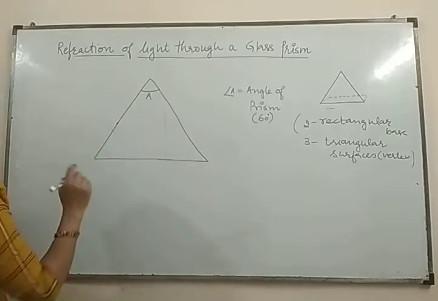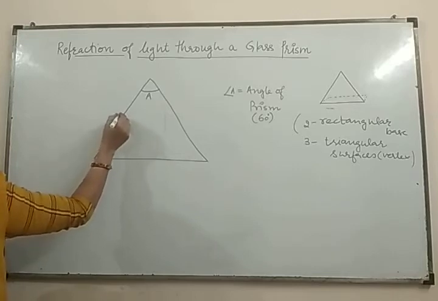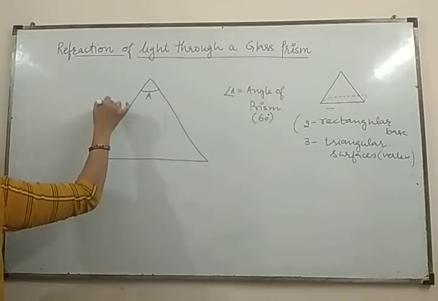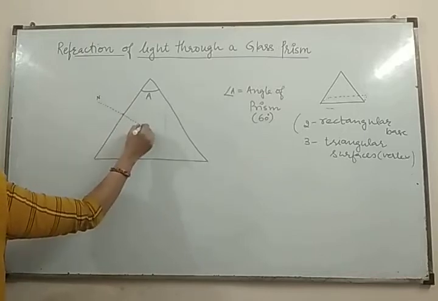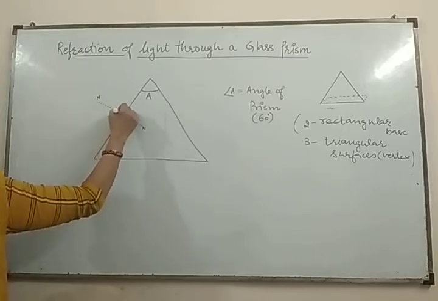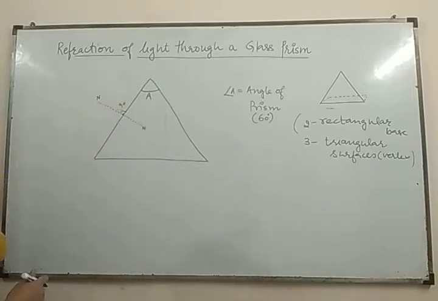Similar to the glass slab, mark the normal at the prism. This is N dash, making an angle of 90 degrees with this face of the prism.